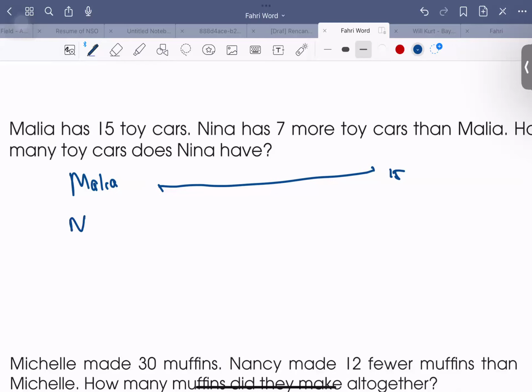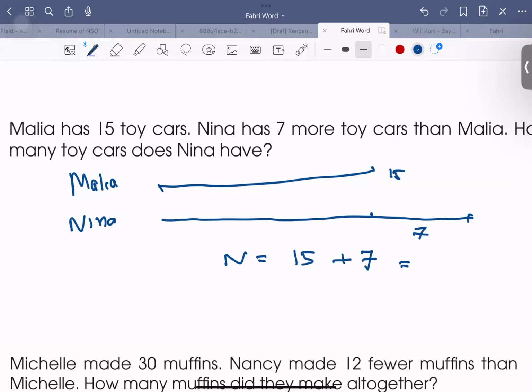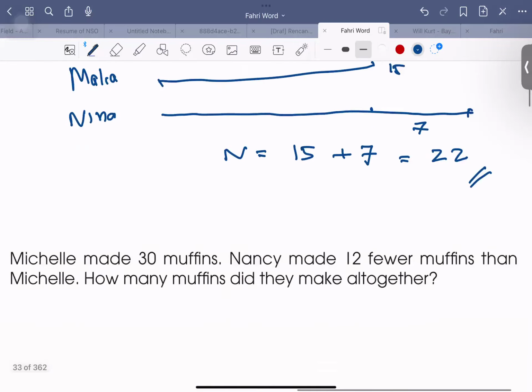So Nina has 7 more toy cars, which means Nina has more than 15. So Nina is 15 plus 7 equals 22.